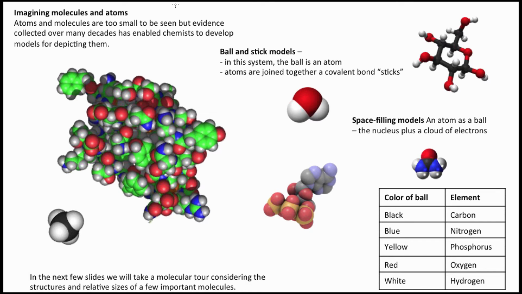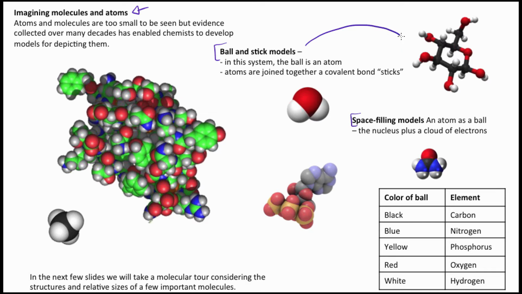So what I want to walk you through is some of the ways we have for visualizing molecules. There are two types of models that I've found for you that represent some of the most common molecules and small ions that you'll interact with throughout the course of the semester.